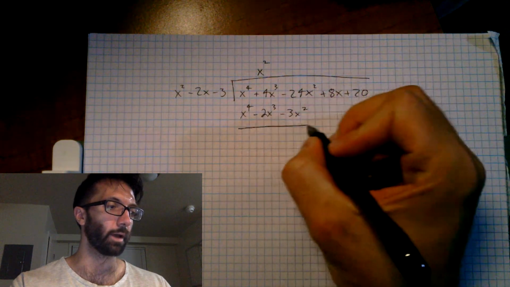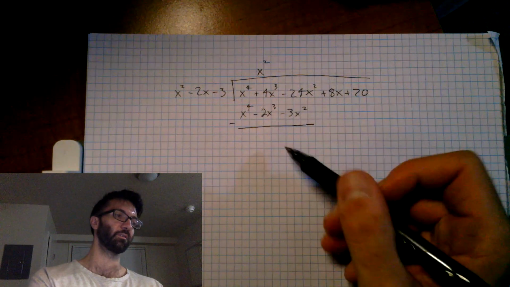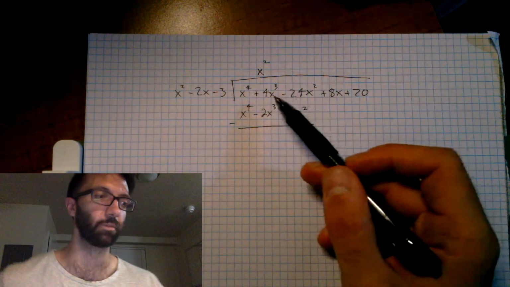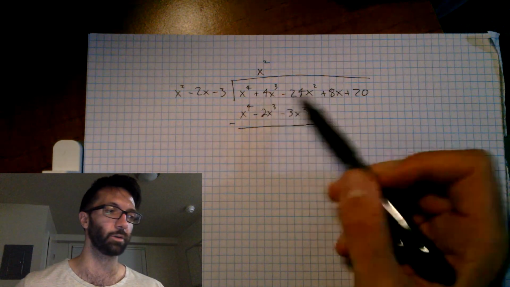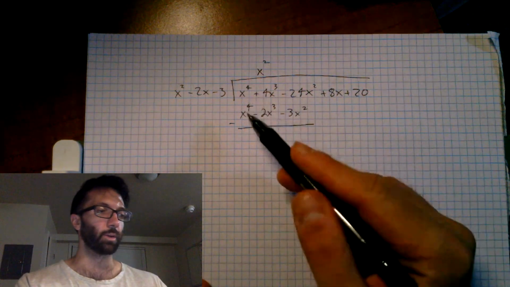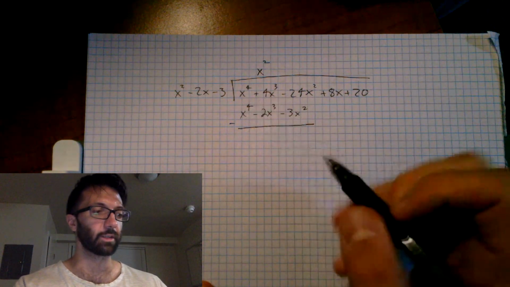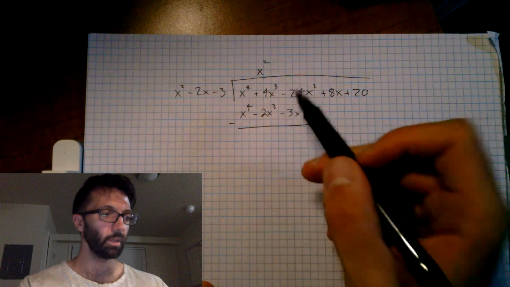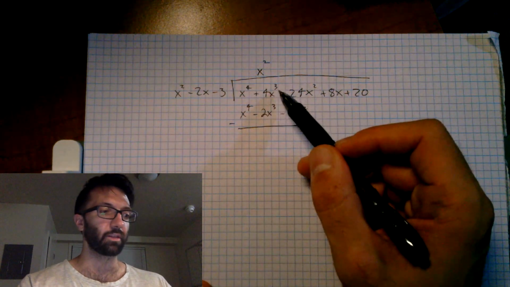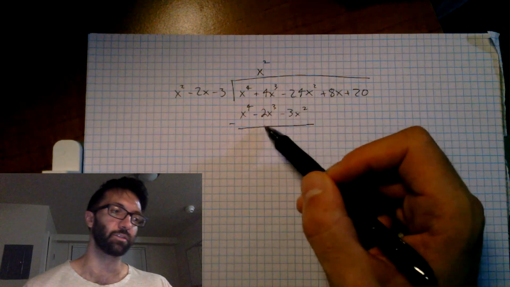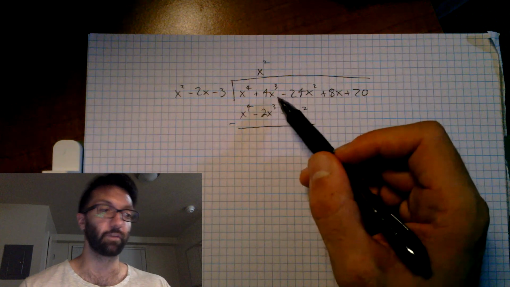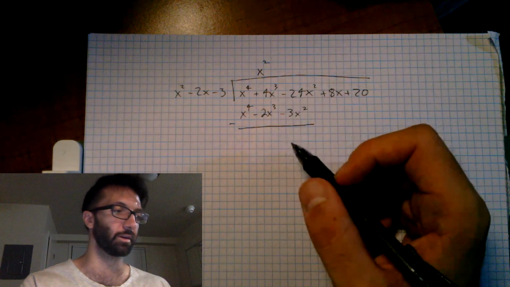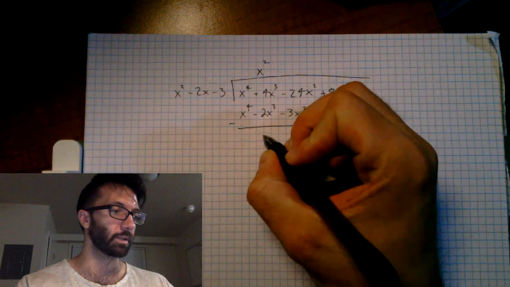And then we go ahead and subtract this from the dividend, the polynomial. So x to the fourth minus itself is 0. And then 4x to the third minus negative 2x to the third is going to be 4x to the third plus 2x to the third, and that's going to be 6x to the third.